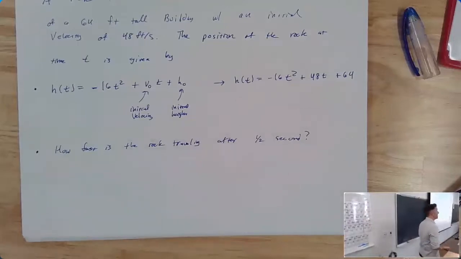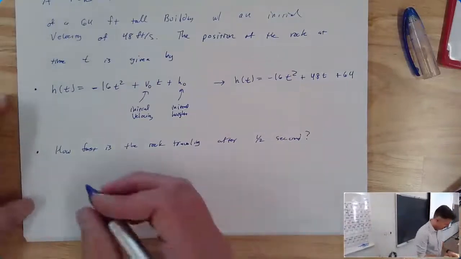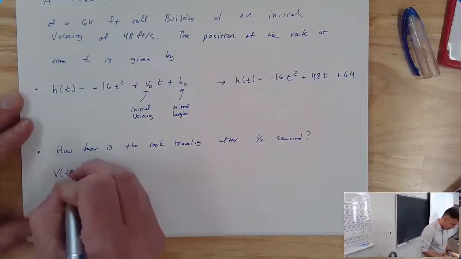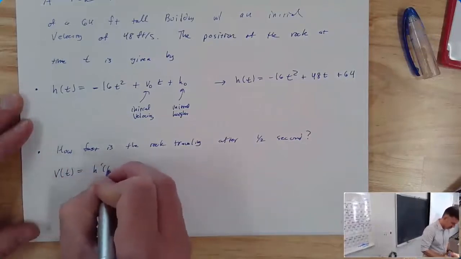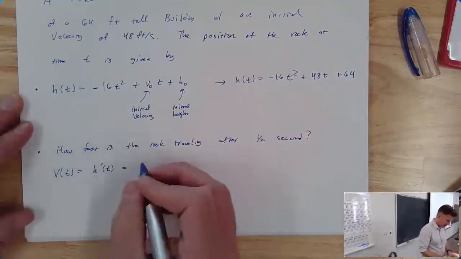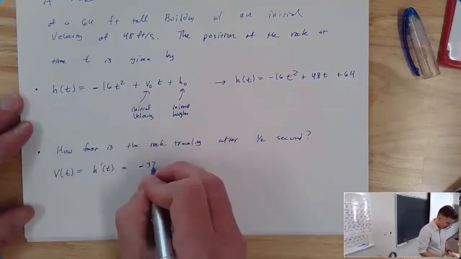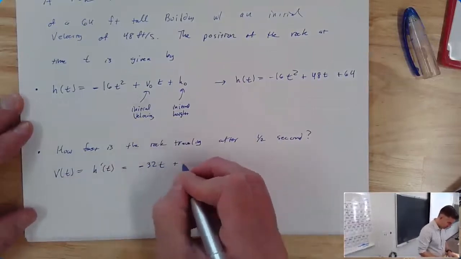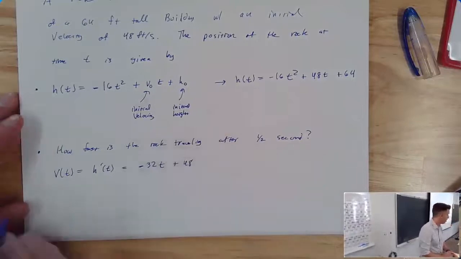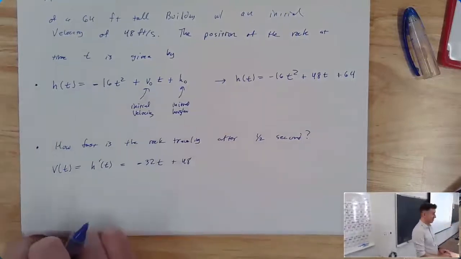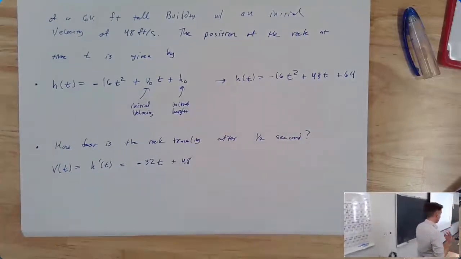Or in other words, what is the instantaneous velocity at 1/2 a second? The way we find velocity, since we know position, is by finding the derivative. So velocity is the derivative of position, and it's equal to, in this case, negative 32t plus 48, or more generally, negative 32t plus v naught.